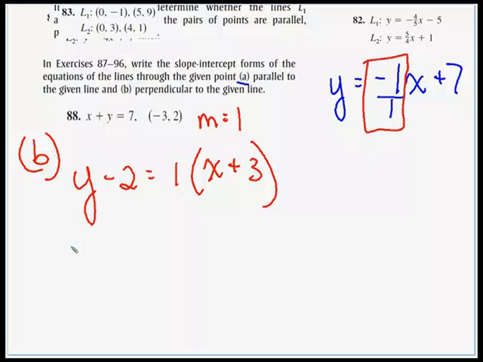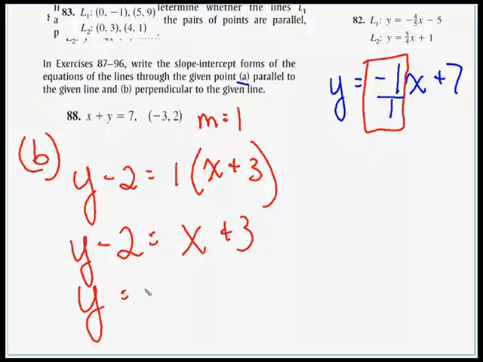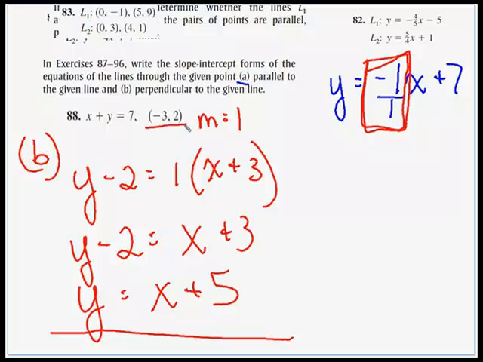Let's see here, distribute the 1. y minus 2 equals x plus 3. Add 2 to both sides. y equals x plus 5. There's our line that is perpendicular to the given line, and again it goes through this given point.